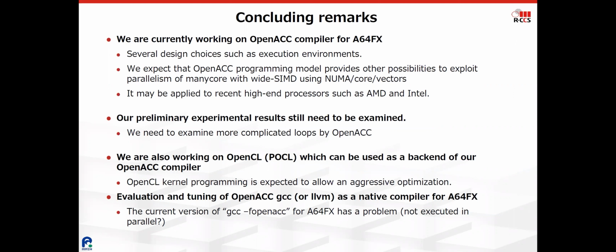So we're just using the implementation by thread and some very simple loop transformation. But we need to examine more complex loops in OpenACC, and we should also test another implementation of the execution environment by process.